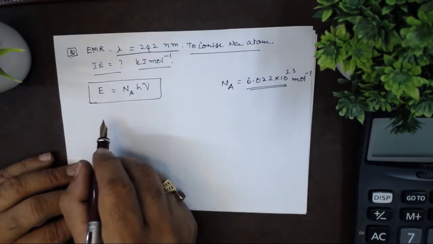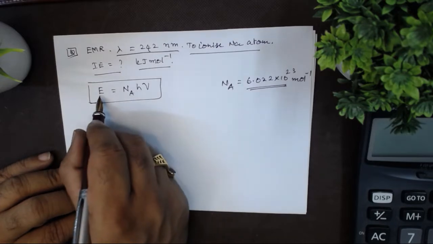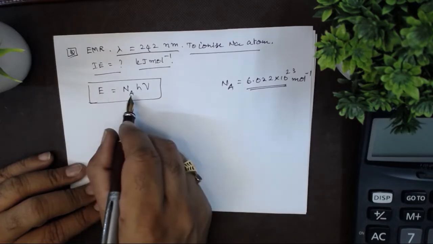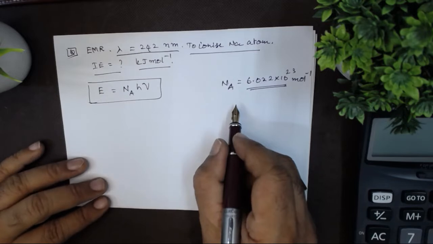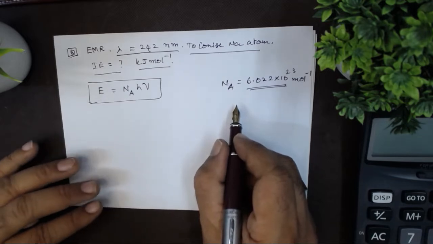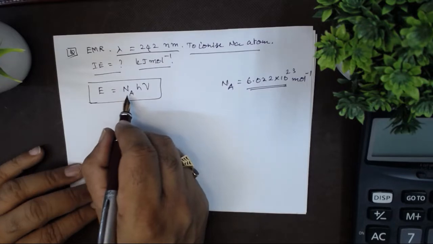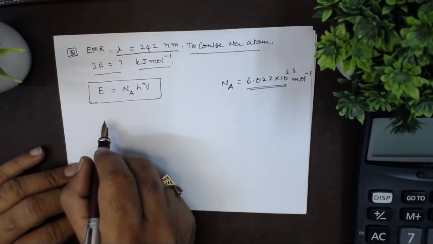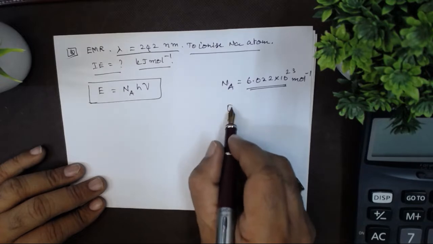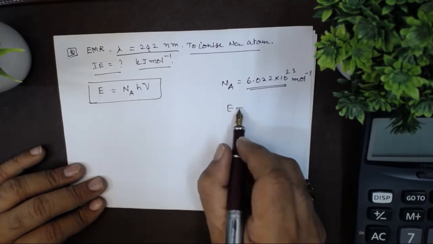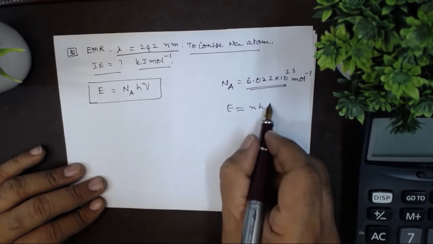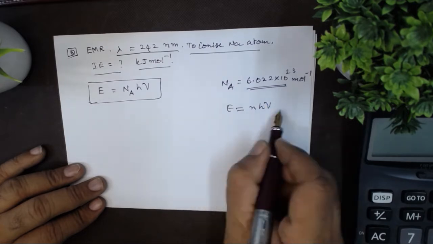Now we have to proceed. We already know E is equal to h nu, but for n number of photons we need to provide n. In this case, Avogadro's number. So the original formula is E is equal to n h nu, where n is the number of photons.